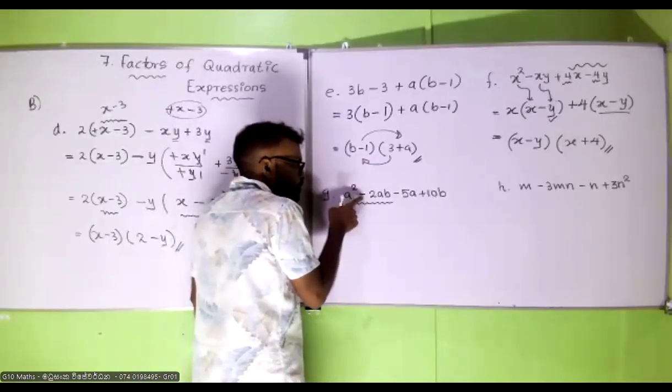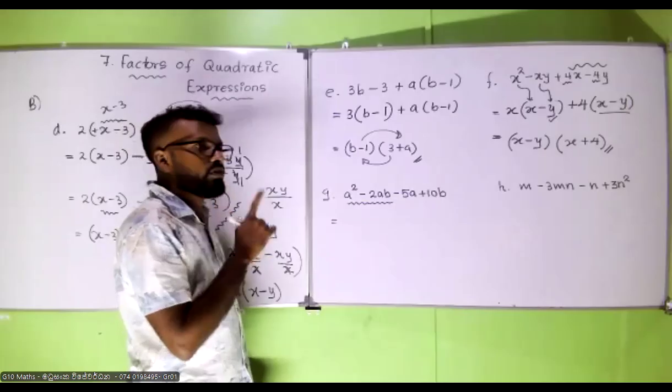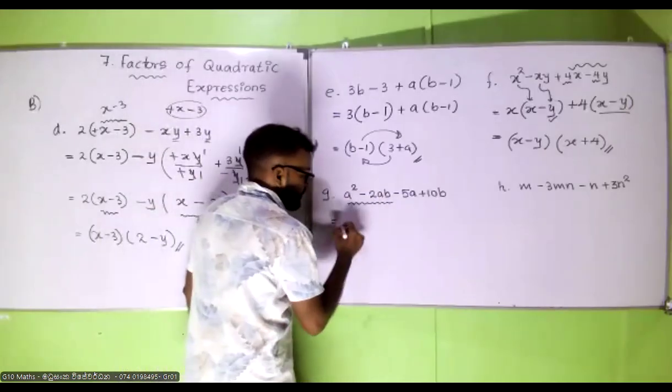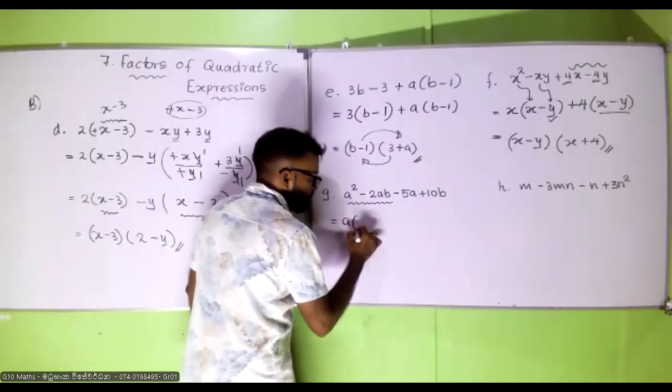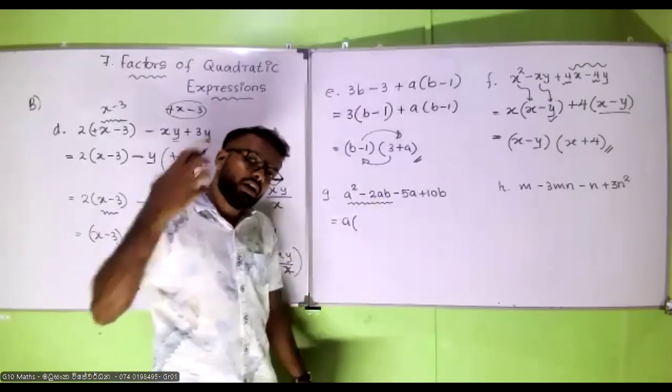A to the power 2 minus 2ab. The term with the minimum power is a to the power 1, so a is the common term for both. So I am taking a out. From this part, you are taking term a out.